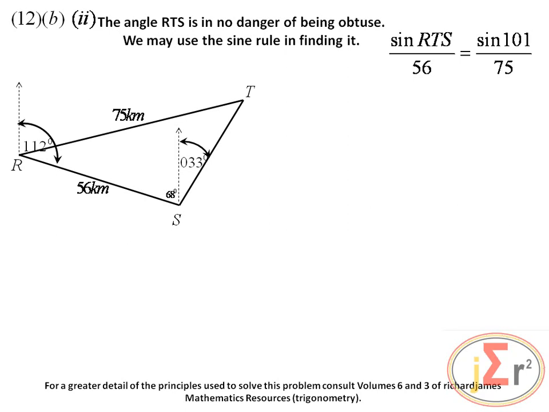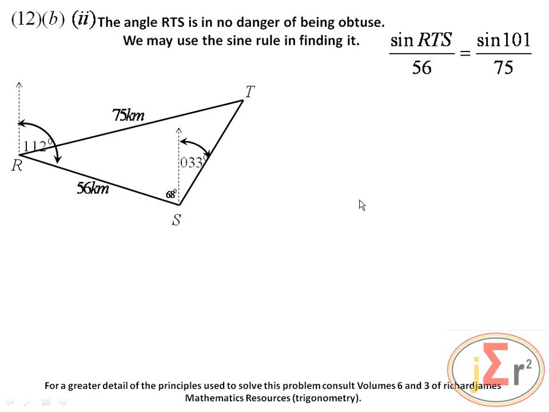It has to be acute because this angle that we have just calculated is 101. So the other two angles will add to give 79. 79 itself is an acute angle. Therefore, each one that adds to give the 79 must also be an acute angle. So we are sure that the angle is going to be acute, so we may use the sine rule.